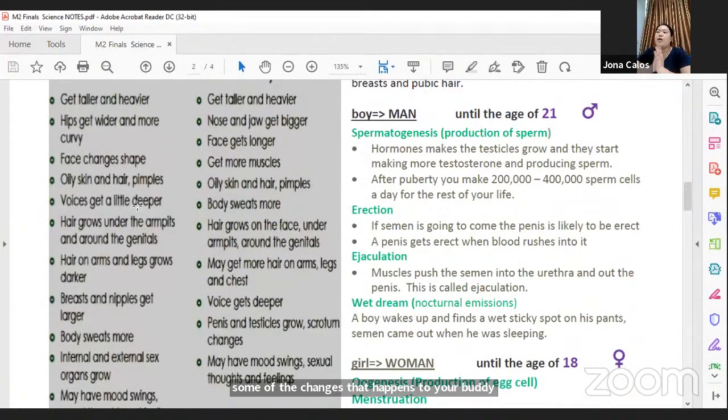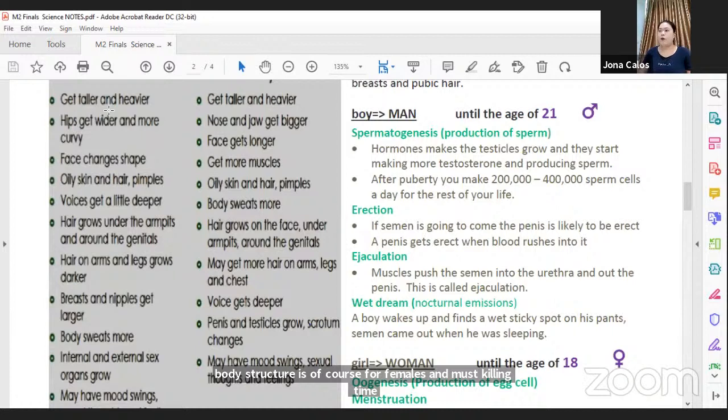Of course, there are some things that are only for females and things that are only for males, and some things that happen to both males and females. So growing taller and heavier is for both. The feminine body structure is for females, and masculine structure is for males.